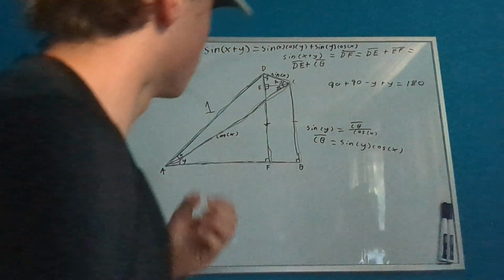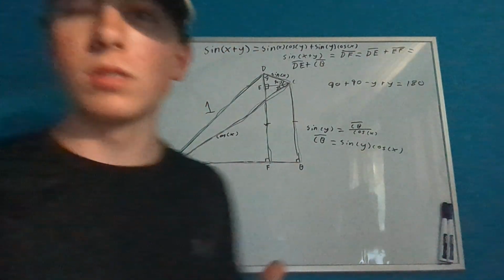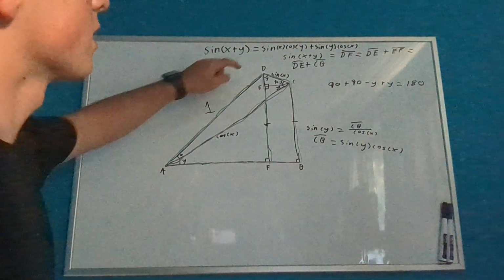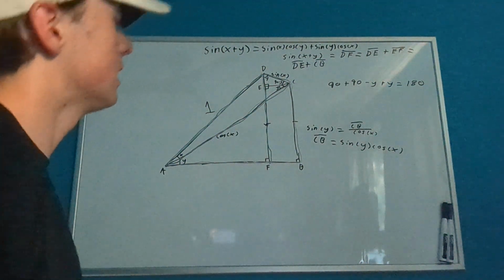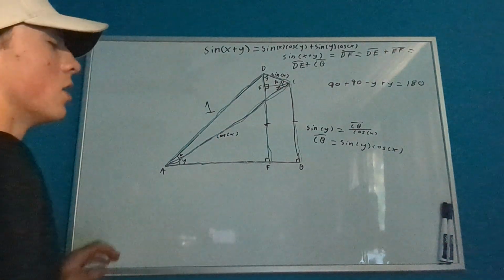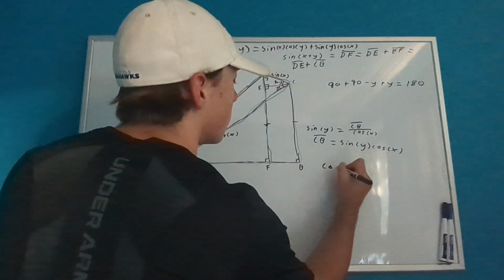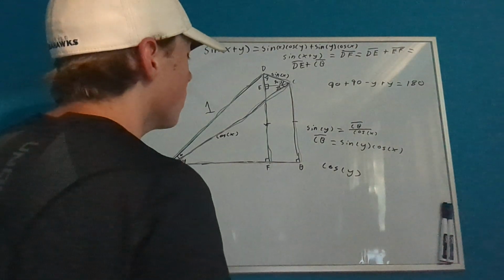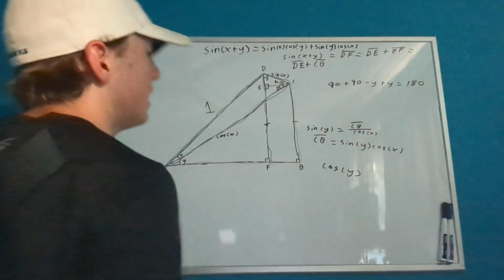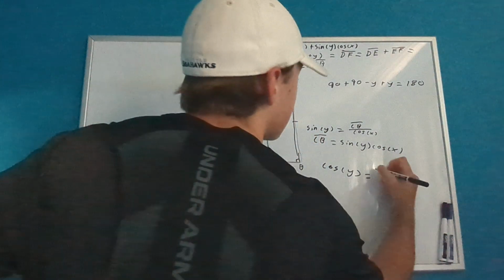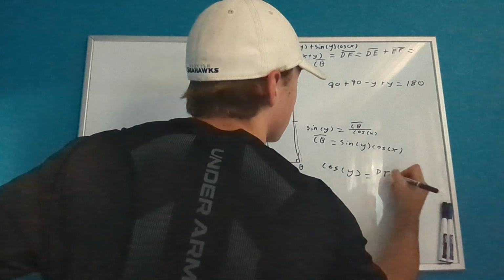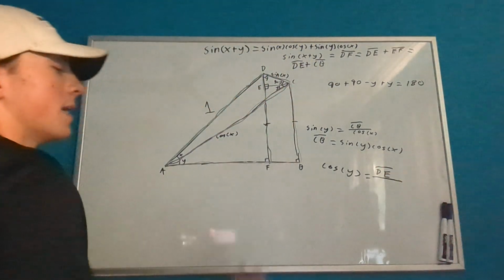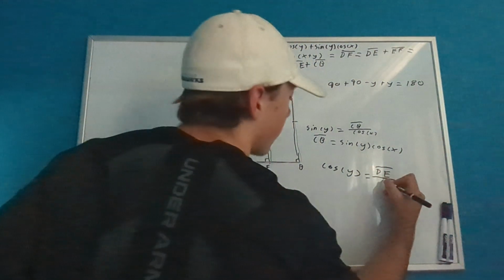So we can say that this is y. Now, what we want to do is figure out the cosine of y. Why are we doing cosine in this case? Well, because cosine incorporates side DE, which is what we're trying to solve for. So cosine of y equals line segment DE, because that is adjacent, over the hypotenuse, which in this case is sine of x.